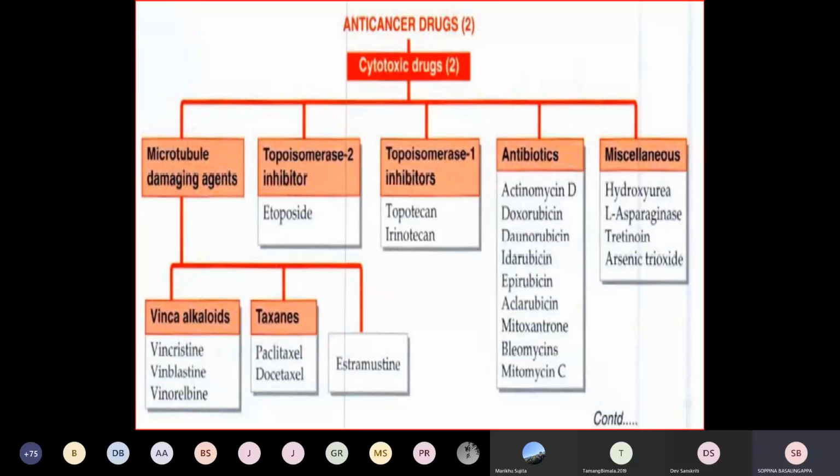Then topoisomerase 2 inhibitors, etoposide, and 1 inhibitor, topotecan. Antibiotics: actinomycin D, doxorubicin, daunorubicin, etc. Miscellaneous drugs: hydroxyurea, then L-asparaginase, arsenic trioxide, etc. So all these belong to the cytotoxic category.